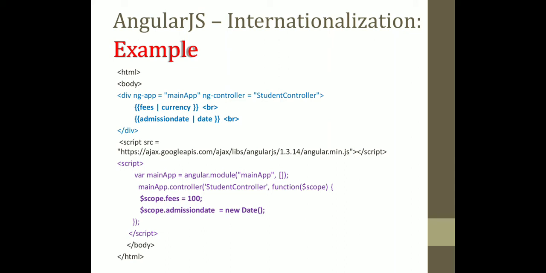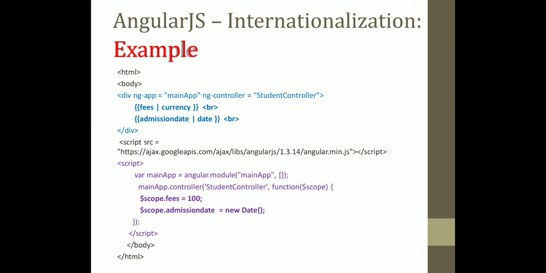We will consider one simple example for internationalization. For example, we have created the HTML script. In the body tag we have defined ng-app with the name mainApp, and ng-controller with the name studentController.